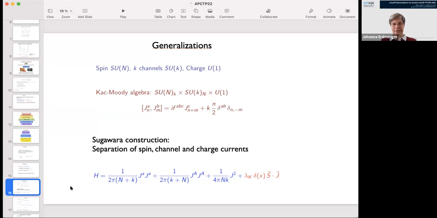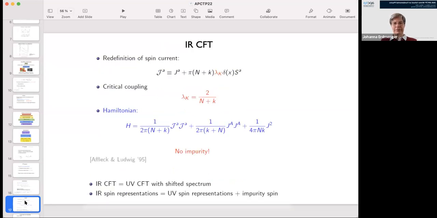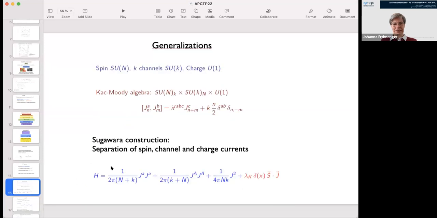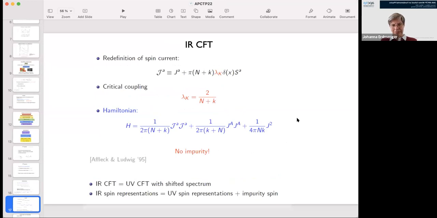And then I can rewrite this Hamiltonian, which has this interaction, in terms of that Hamiltonian, where the difference is that now I have this curly J. So if I do that, then I have kind of hidden the impurity.